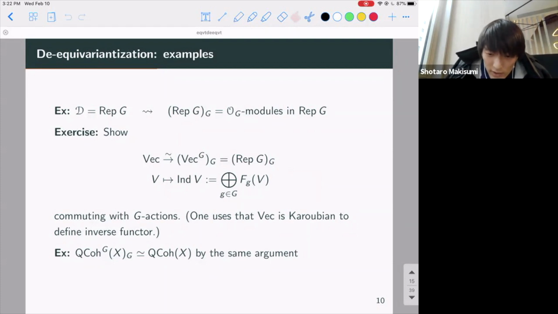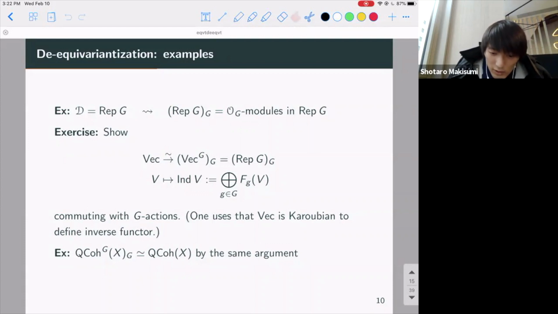So I can take a vector space, and this direct sum is, well, first of all, it has a canonical G equivariant structure, but also because it's indexed by little g, so this is a G-graded vector space, there's an action of functions on G. So let me not say too much more about that, but from here you can use the fact that the category of vector spaces is Karoubian to try to define an inverse functor to this.